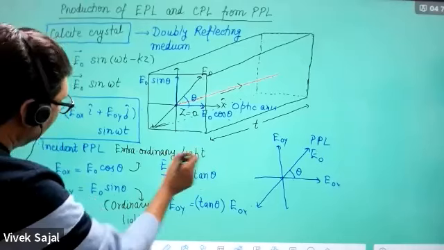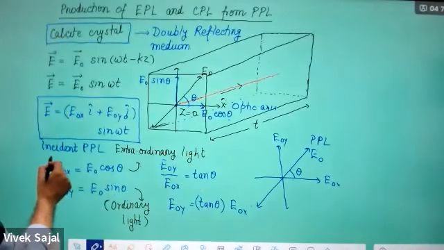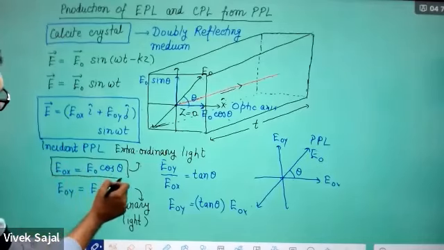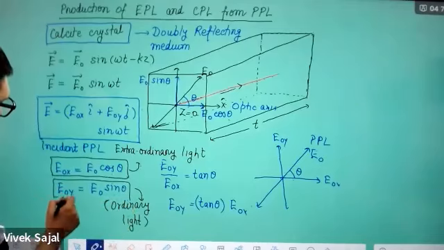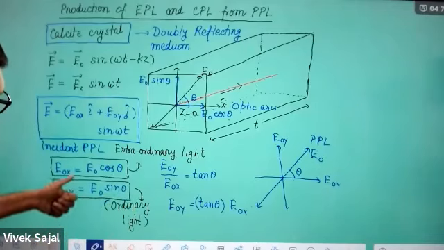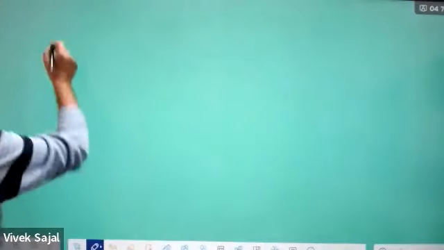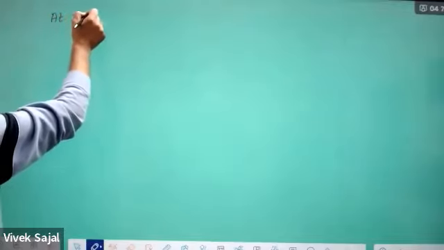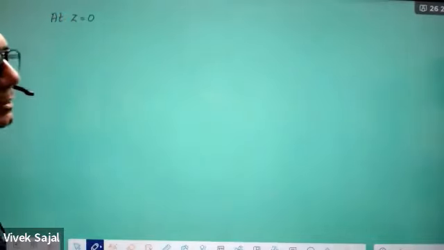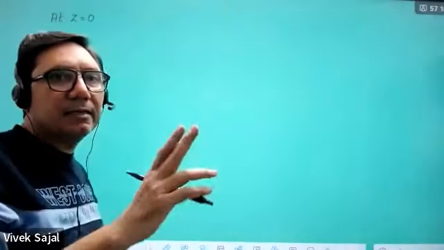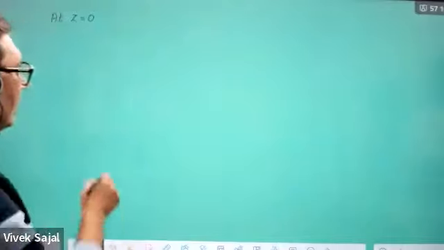So they are acting as E ray and O ray. This component acts as extraordinary light and this acts as ordinary light. Try to understand: at z equal to 0, when this plane polarized light is incident, two different lights are created, one ordinary and another extraordinary.